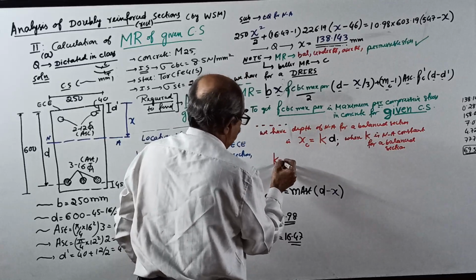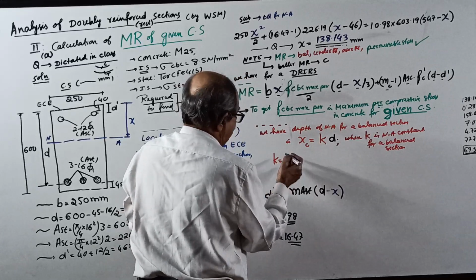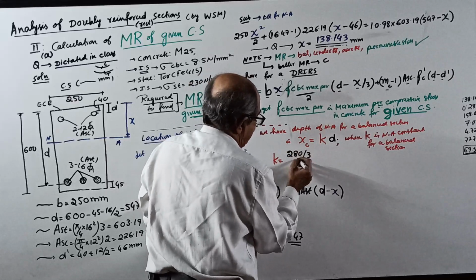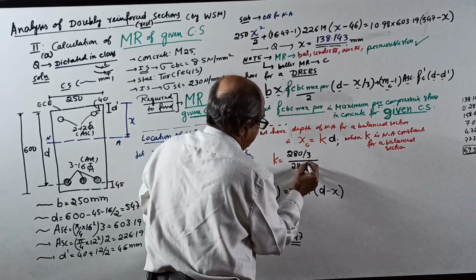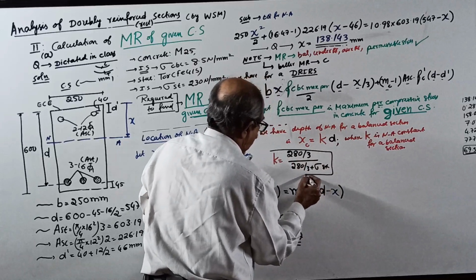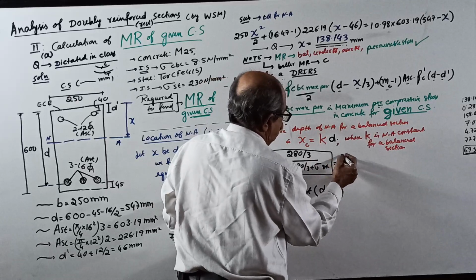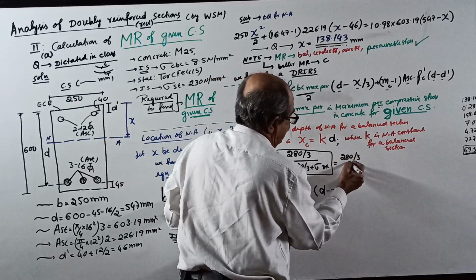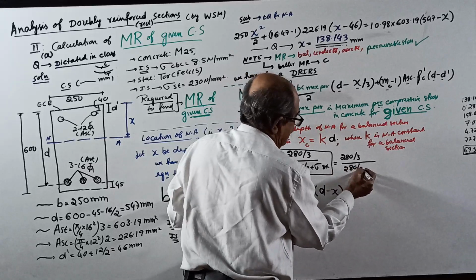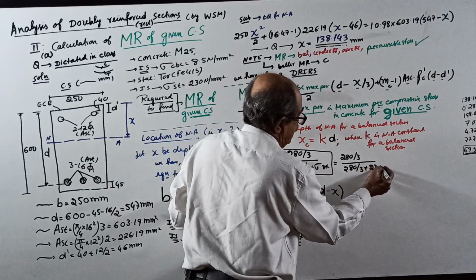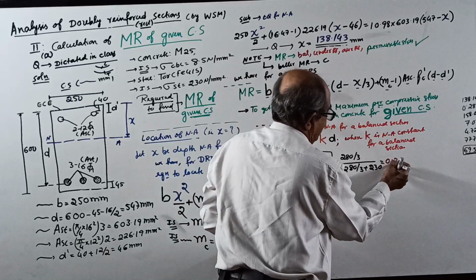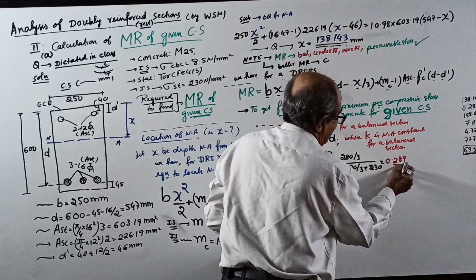We have K equal to 280 by 3 divided by 280 by 3 plus sigma st. This was already told earlier. Substituting, sigma st is 230, it will come 0.289, because I know this number from more than 20 years. 0.289.